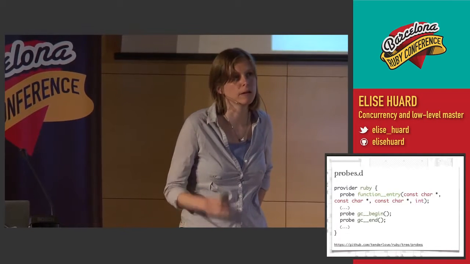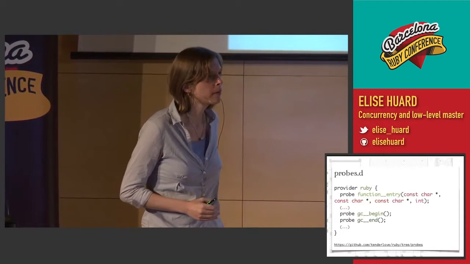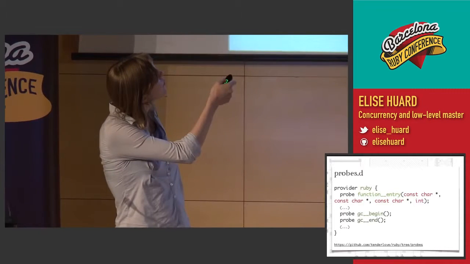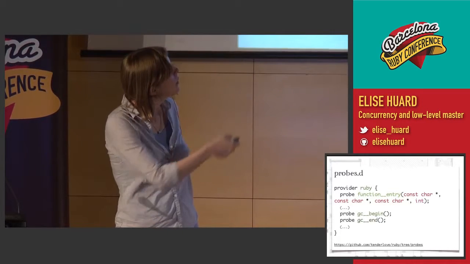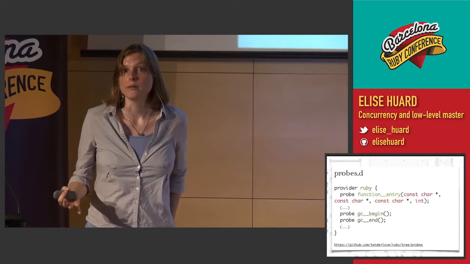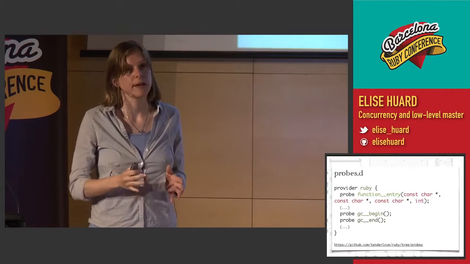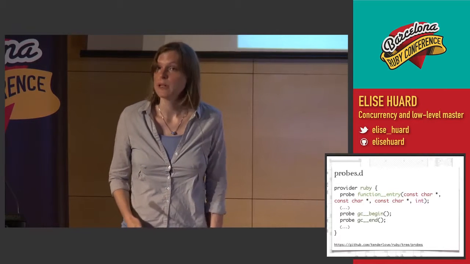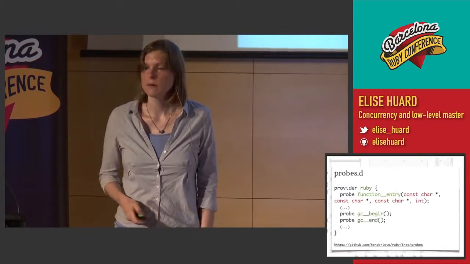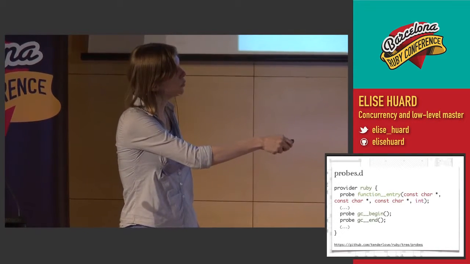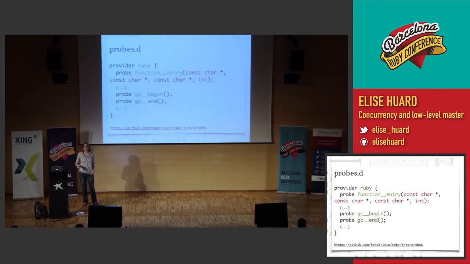He made a number of fairly general purpose probes, like function entry when you enter a function, or when you start and end garbage collection, when you create an object, when the creation of the object ends, when you raise an error, and a number of others. To be clear, this is not in Ruby trunk yet. It's at the moment in a repository on a branch called probes. So you can install this onto your system and test it if you feel like playing with it.